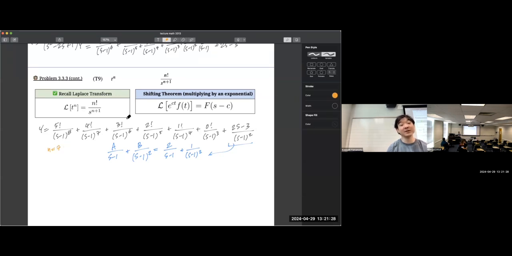Good. n is equal to 7, because you have n plus 1 on the bottom, which has to equal 8. So n has to equal 7. So if n is equal to 7, then it's going to be 7 factorial over S to the 8th. It looks like this, but with an additional e to the what multiplied to it.